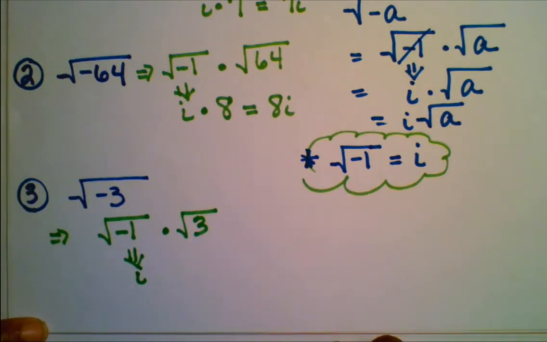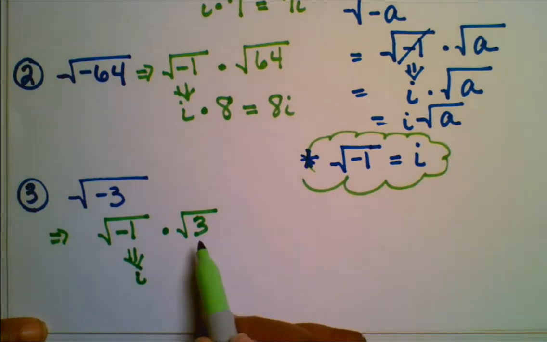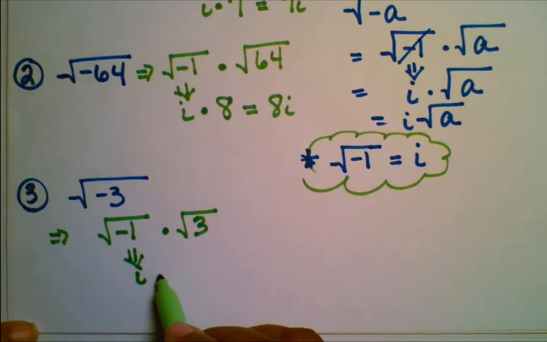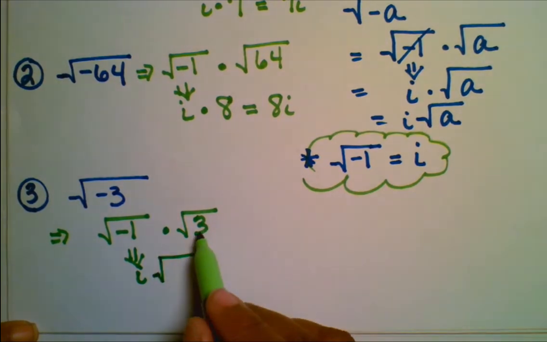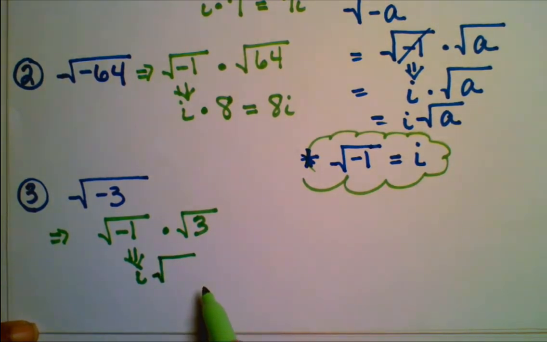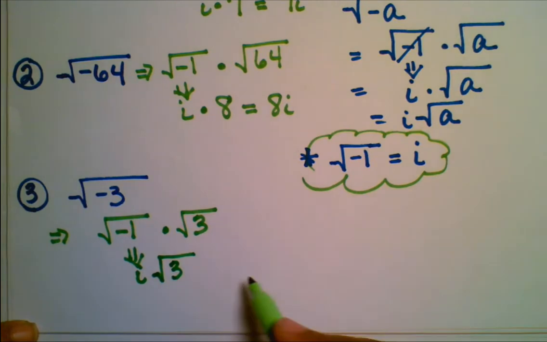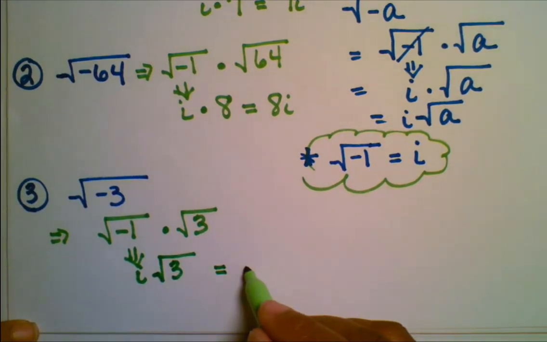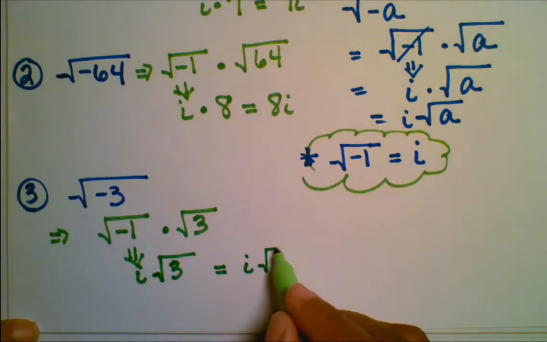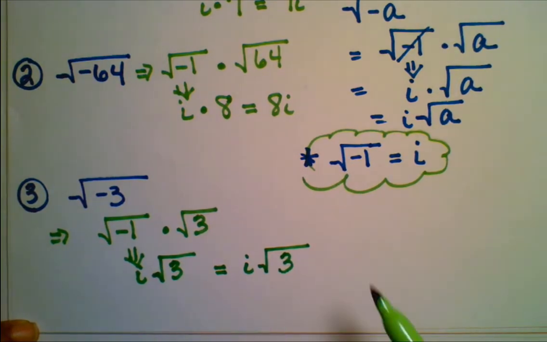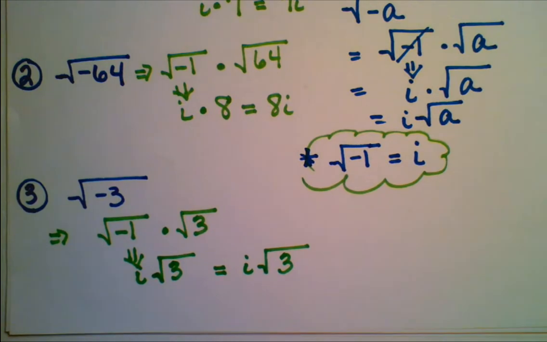The square root of 3: 3 is not a perfect square, so 3 is going to stay under the radical sign. So our solution is i square root of 3. Whenever you have an imaginary unit i and a radical together, please write the i in front of the radical, not after the radical.